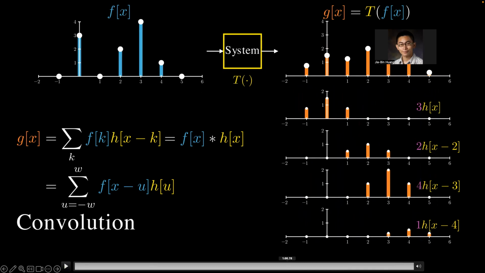Yes. h is the kind of weights of a local window, how you apply the weighted average to the input values. And h is also the output if you feed an impulse to the system, and that's your h.